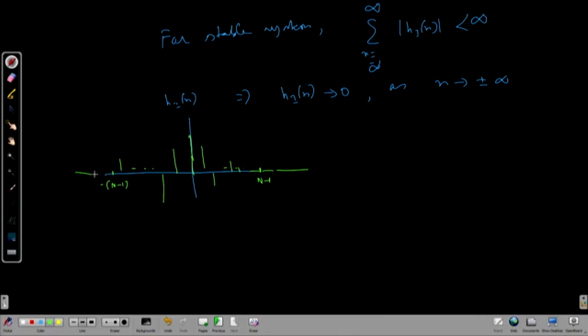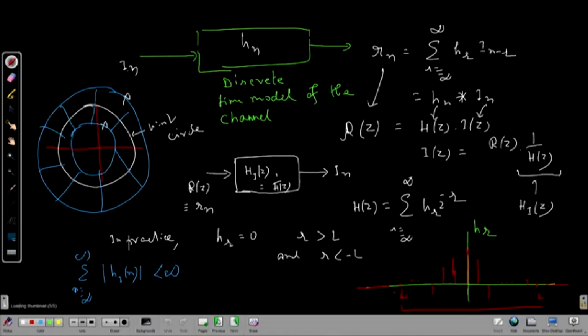Still, this is not realizable in time, because this is non-causal. This is non-causal, right? But one thing is there, suppose I use this, and Rn is to be passed through a filter whose impulse response is Hin. See this, Hn, that is the inverse filter.